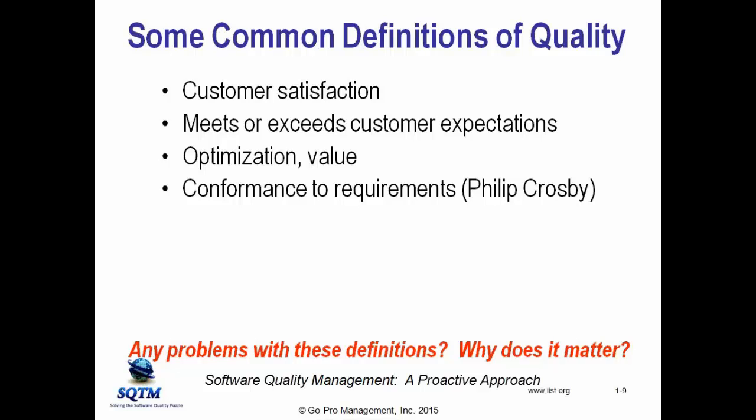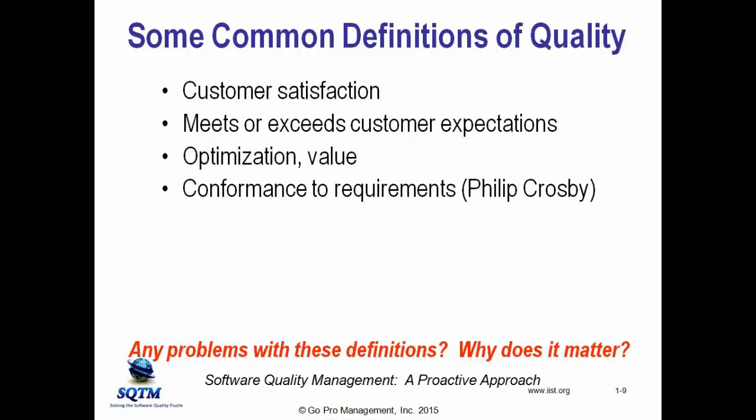Perhaps the most widely used definition of quality comes from Philip Crosby, whom we mentioned a minute ago. Conformance to requirements. It's a good chance that many of you use this definition or something similar as your definition of quality, what you mean by quality. Now, the problem is that it doesn't address the adequacy of the requirements.